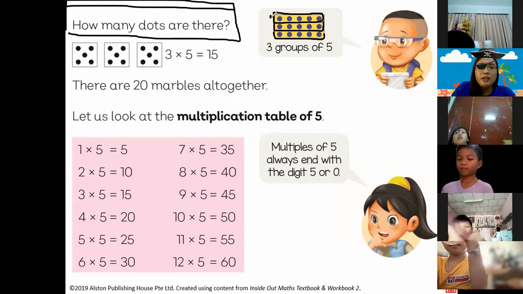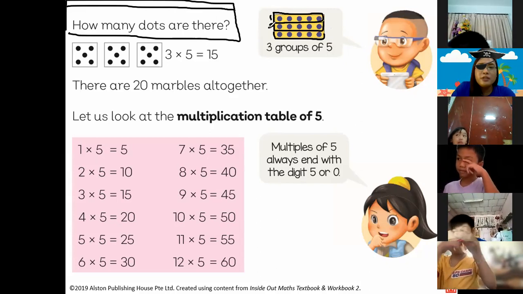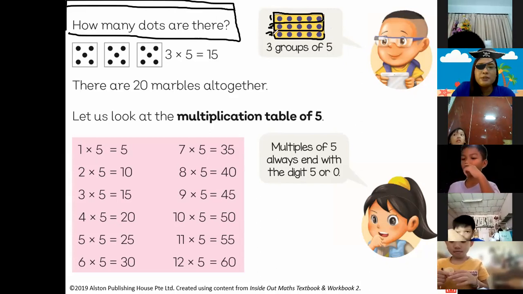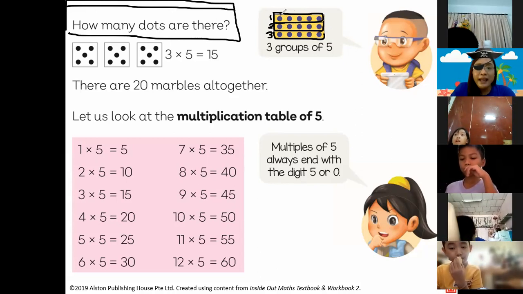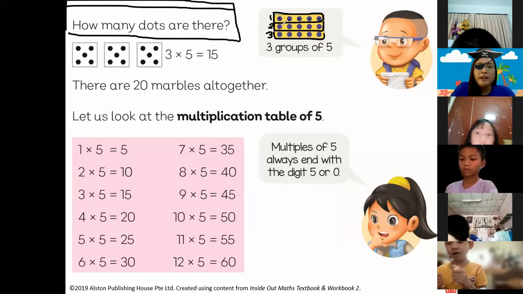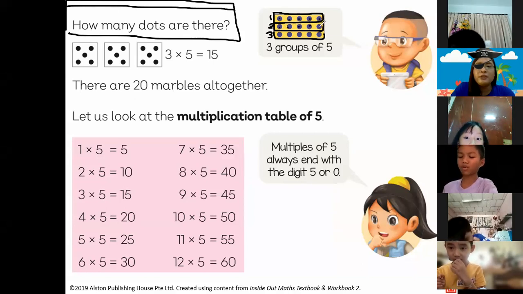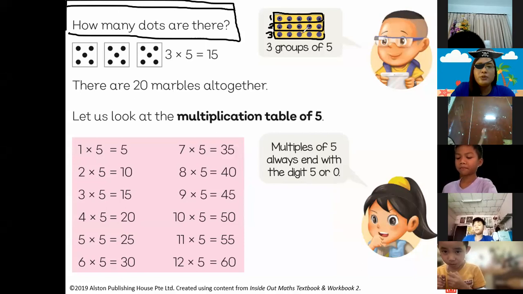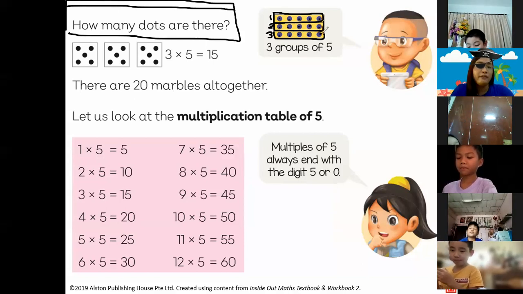So we have 1, 2, and 3 groups. And in each group, it has 5 dots. 1, 2, 3, 4, 5. Another 5. 1, 2, 3, 4, 5. And another 5. 1, 2, 3, 4, 5. So 3 groups of 5 is what?